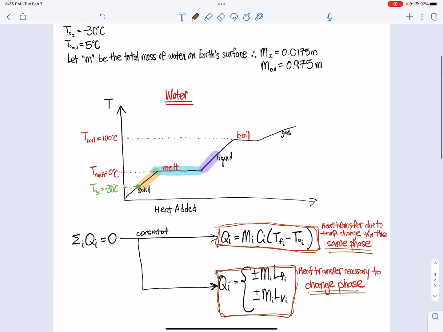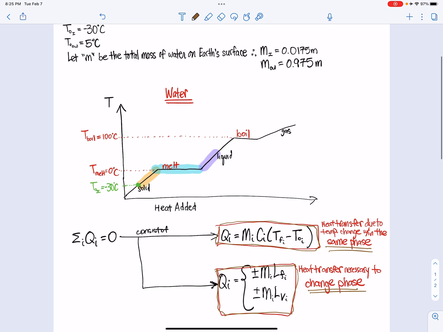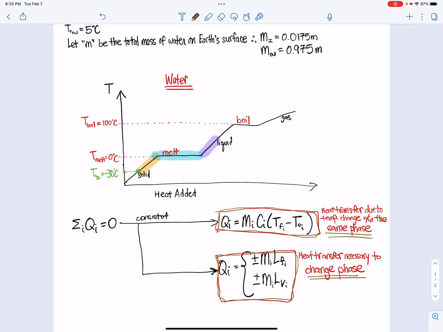And again, I'll repeat this. I've said this in previous videos, but we use the latent heat of fusion when we go from solid to liquid or liquid to solid, and the latent heat of vaporization when we go from liquid to gas or gas to liquid. Basically, when you go through the boiling phase change, you use the latent heat of vaporization, and when you go through melting, you use the latent heat of fusion.